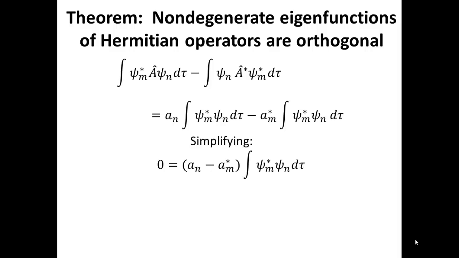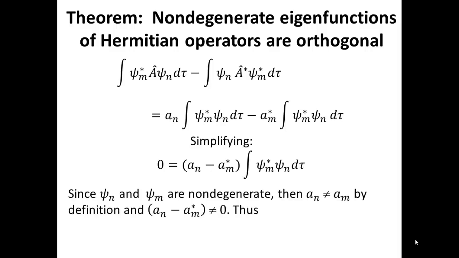So if I take the difference in those two integrals, automatically that has to be equal to 0. So the left-hand side is equal to 0 because of the Hermitian property of the A operator. On the right-hand side, because I have a common integral now, I can group the two eigenvalue terms together, and so I have a n minus a m star times the integral of psi m star psi n.